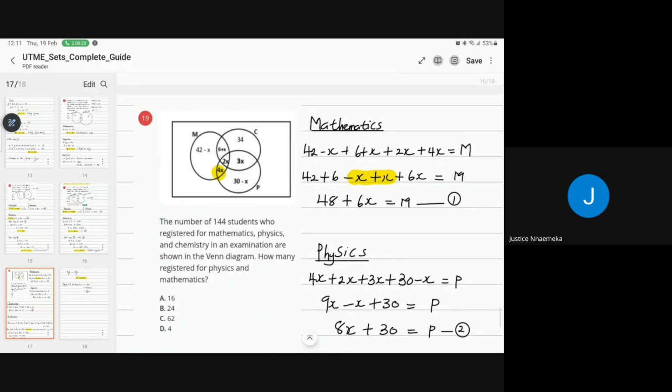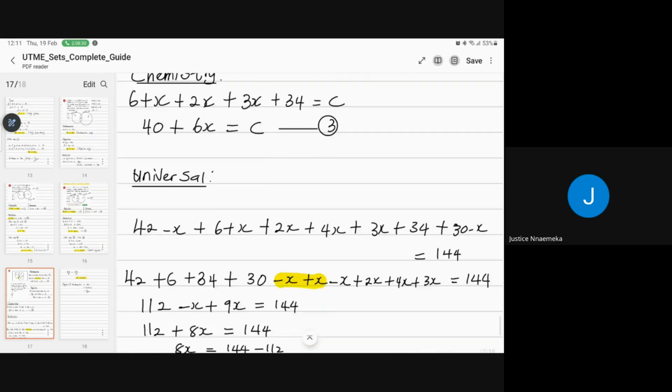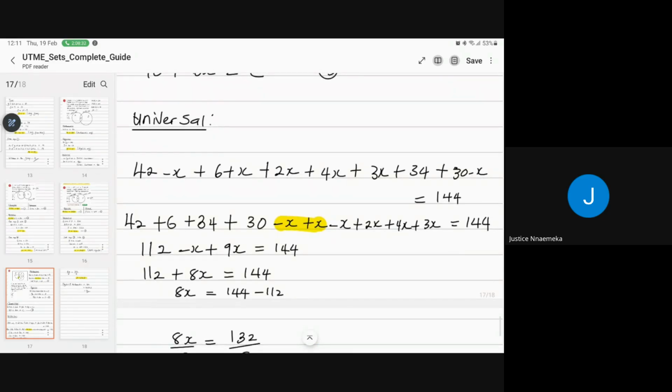All of them is equal to 144. So 42 plus 6 is 48, 48 plus 34, then plus 30, that will give us 112.